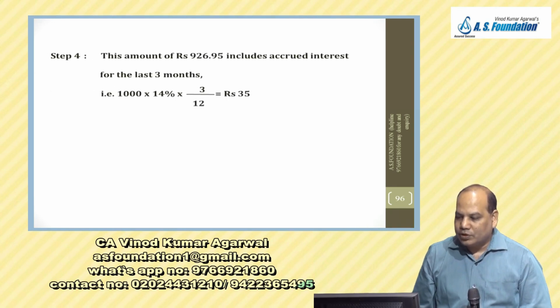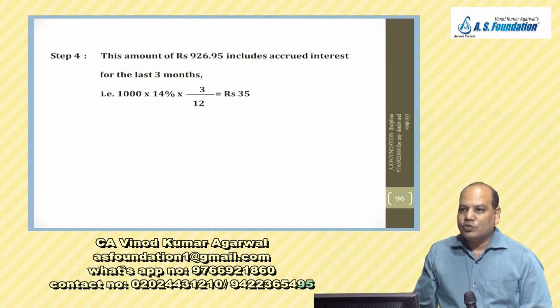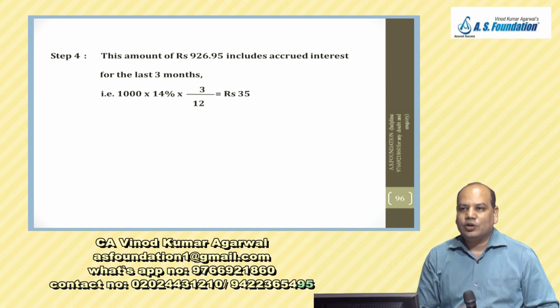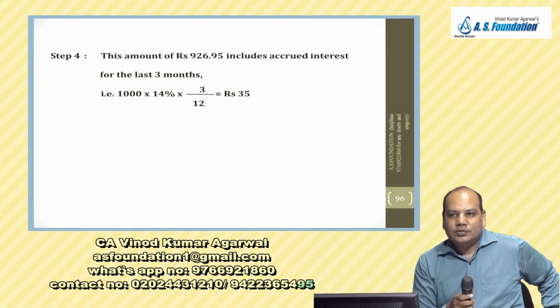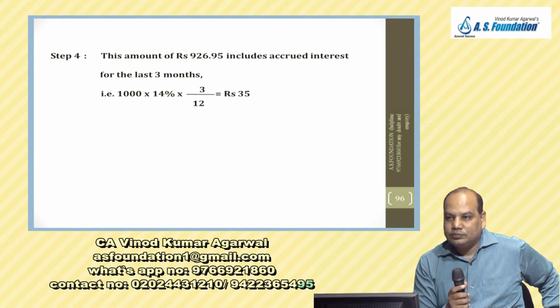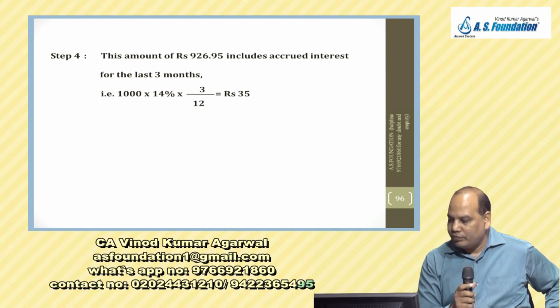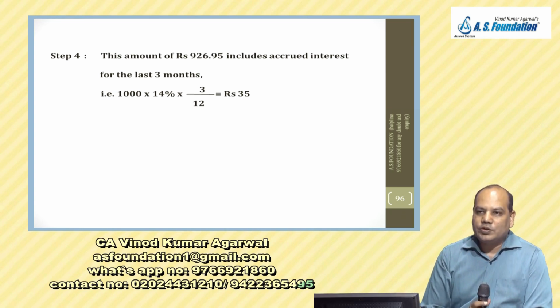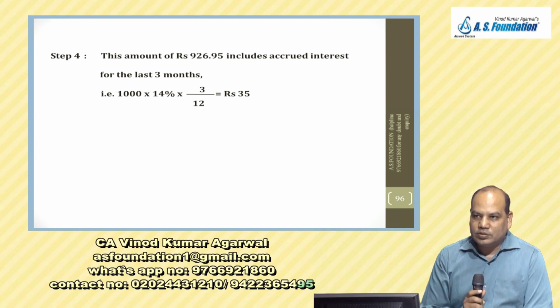Last step. Step 4. They have also asked us to calculate the interest accrued and ex interest price or clean price. So this amount of rupees 926.95 includes accrued interest for the last 3 months.